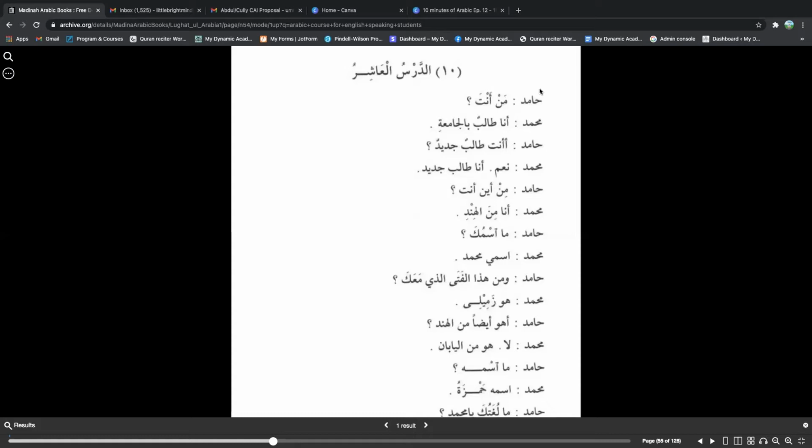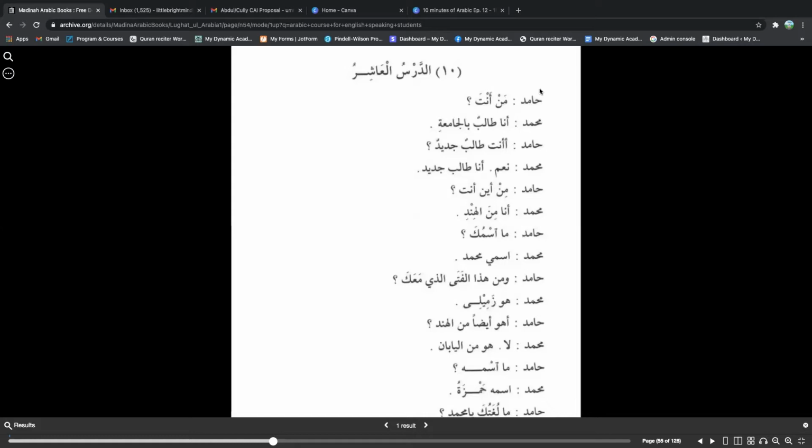So abun becomes, you get rid of one of the dhammas, add a waw, and it becomes abuka. The same thing with akhun: you get rid of one of the dhammas, add a waw, and it becomes akhuka.